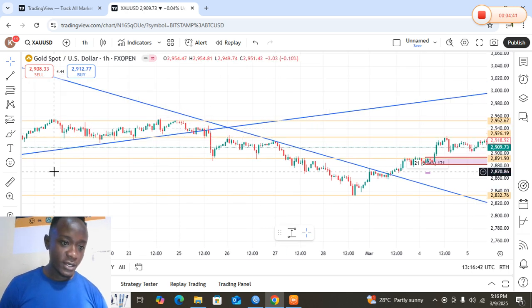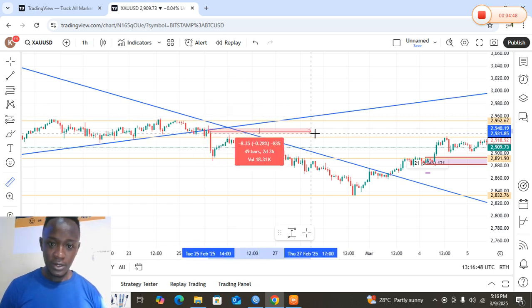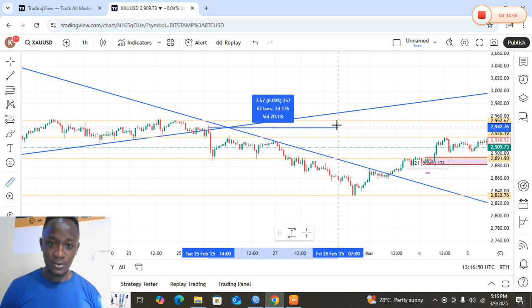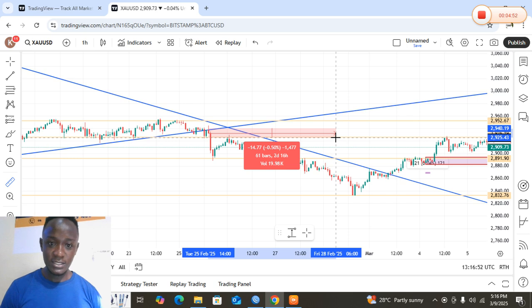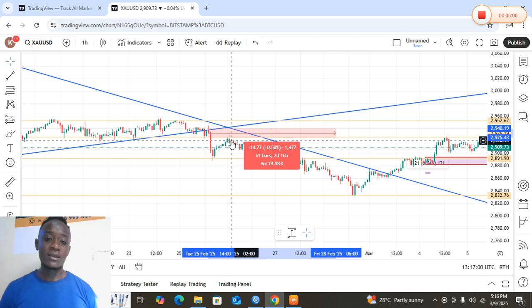Sorry about that. Is it hard to draw it? Yeah, you can clearly see, even if it's not showing you that clearly, you can clearly see this area. We mark this area as our supply zone so that when the market comes and retraces to that area, we now execute our going short order.